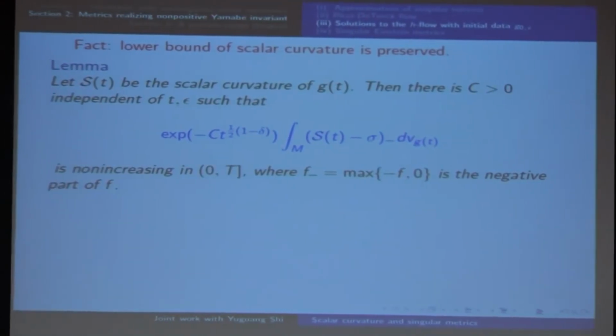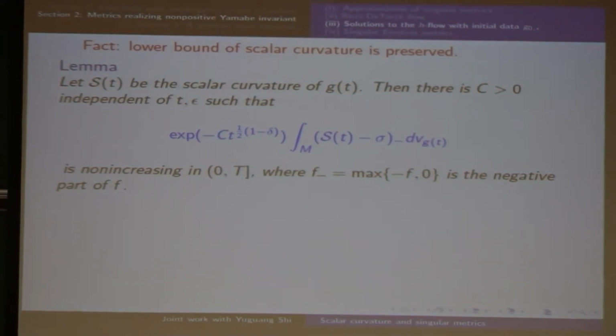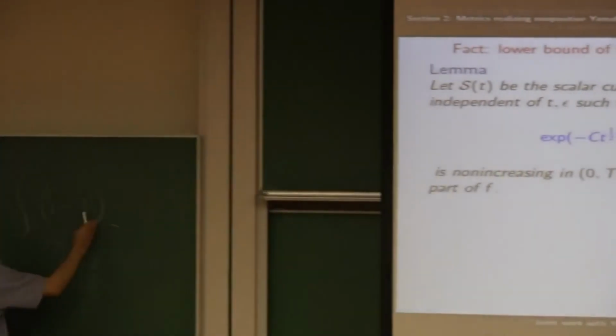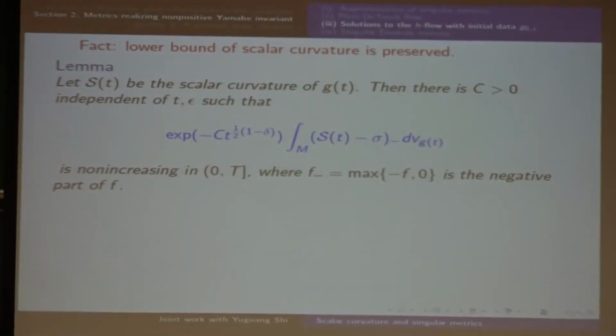Just use the integral form of the derivative of the scalar curvature, the negative part. When you differentiate, you end up with some scalar curvature coming out. However, the scalar curvature is just the second derivative of the metric, which has some estimate.